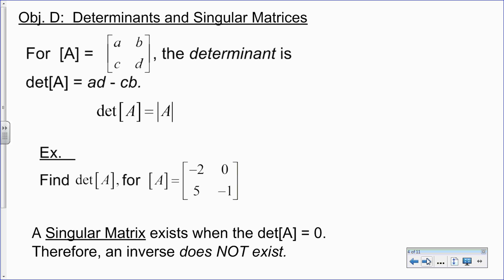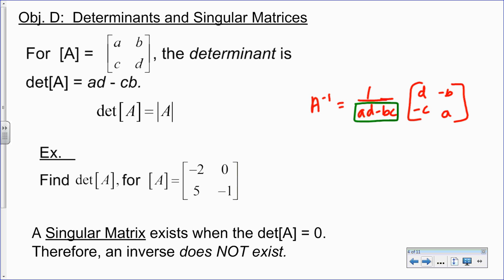So the part of the inverse equation for a 2 by 2, and this is just for a 2 by 2. So remember, this was the inverse. So this part right here is the determinant.